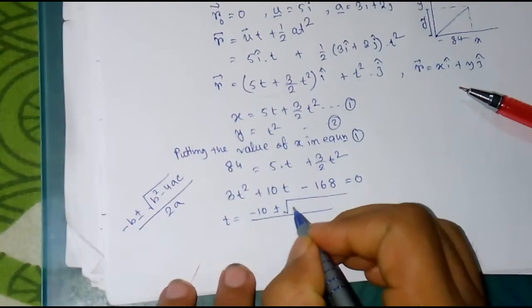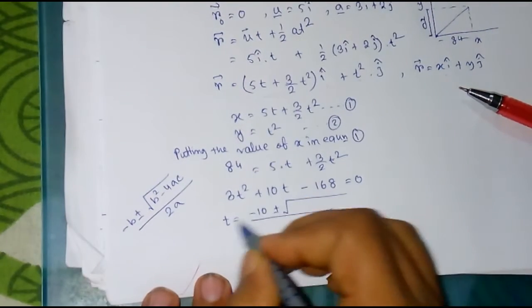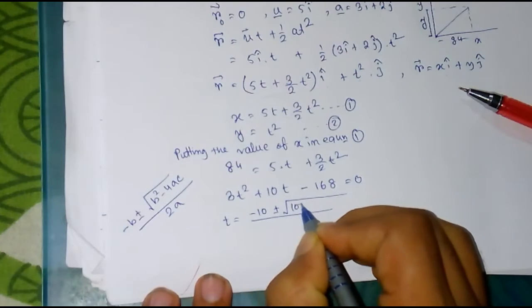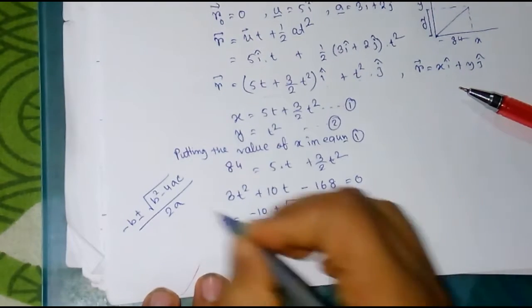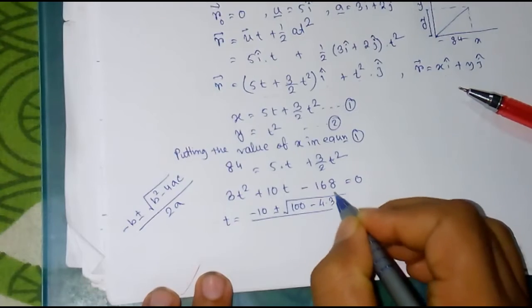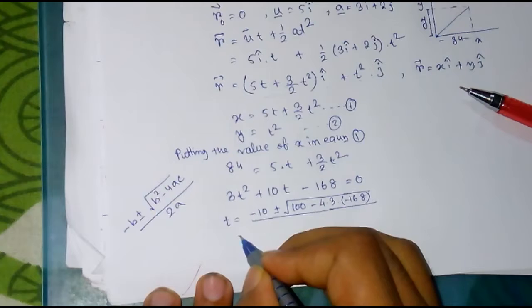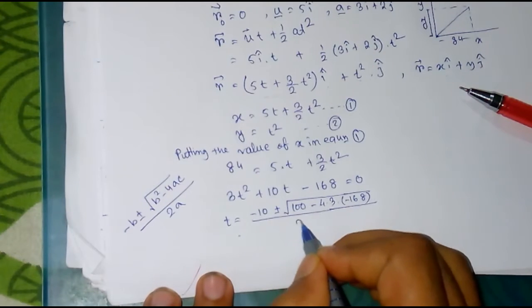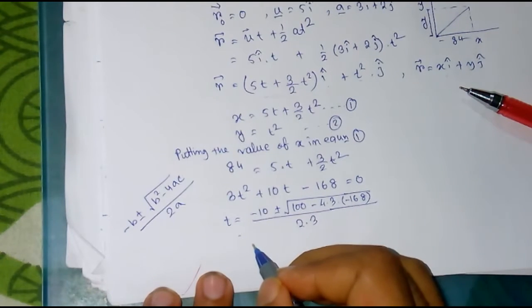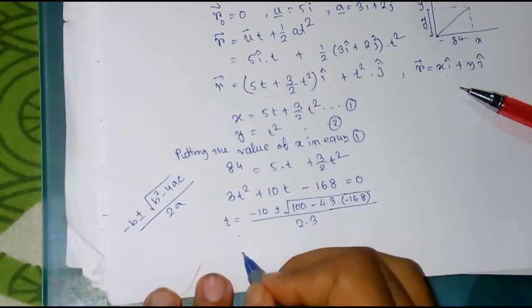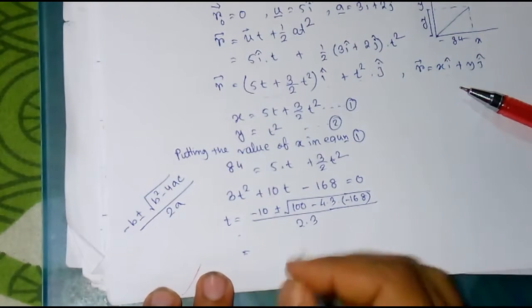Now putting the values, b is here 10, so minus 10 plus minus root over 10 square, that means 100, minus 4 into a into c, where a is 3 and c is minus 168, all divided by 2 into a, that is 6. If you calculate this, you will get two values.